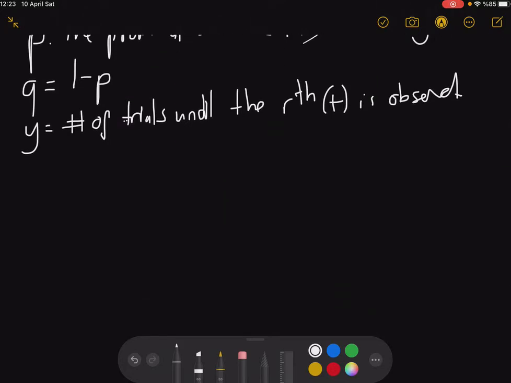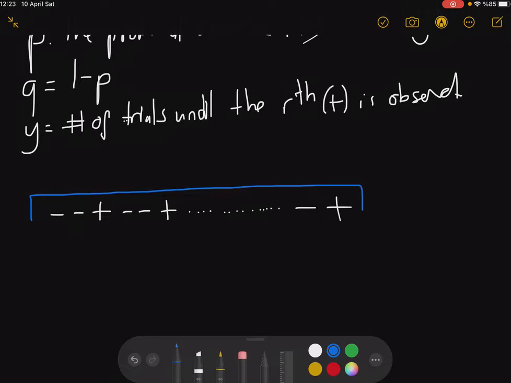Suppose that you're getting a negative, negative, positive, negative, negative, positive, and it goes on like this for a long time, and you will have a negative and positive here. It means that you will have Y trials in total until the rth plus has occurred.